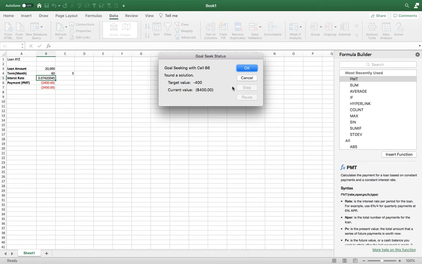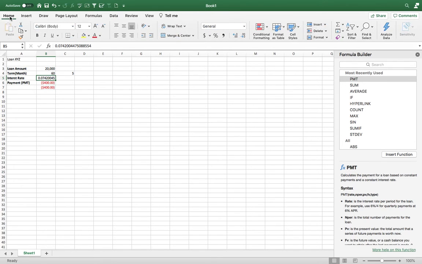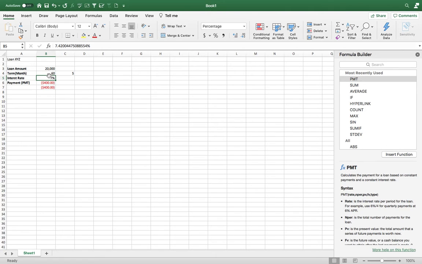You notice we have the percentage here, and then okay. To see it in percent, just go to home and click percent, and then it will tell you, since I put the formula in here, it changed from 333 to 400. So to pay 400, your interest rate is 7%.